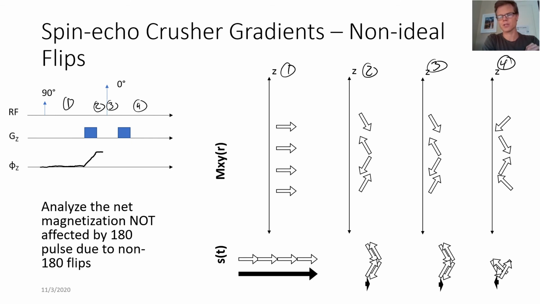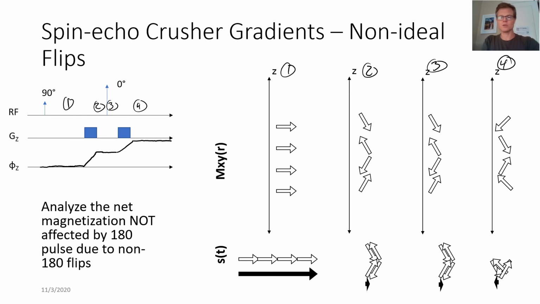So the situation here is the same as before. We don't have this flip of the 180 degree pulse. This is modeling the magnetization that, again, is not affected by the refocusing pulse. And we're going to get a ton of phase due to these crusher gradients.